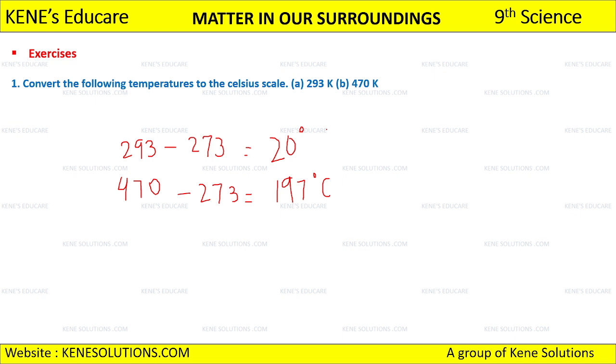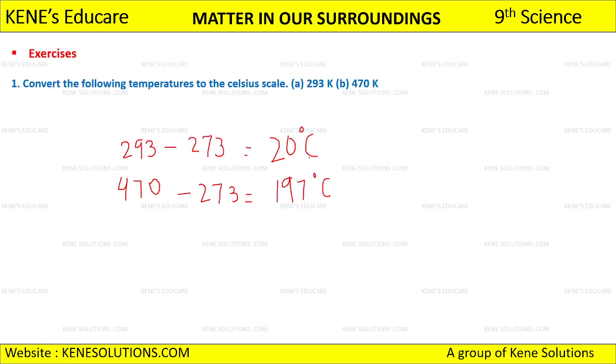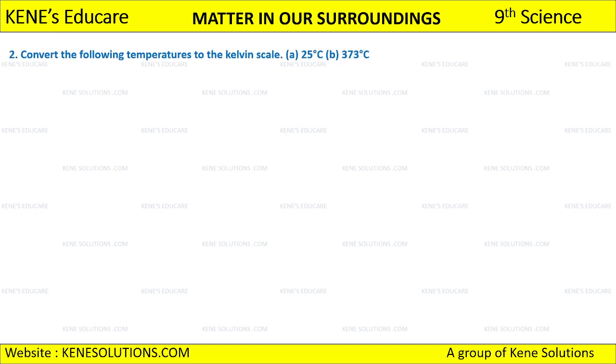Degree Celsius. Okay. Then the second one is you need to convert to Kelvin scale. What you did over here was subtraction; here you will just add. So it will become 25 plus 273. Okay.